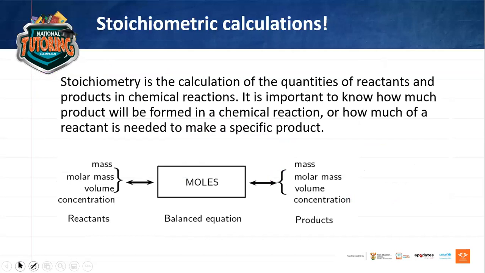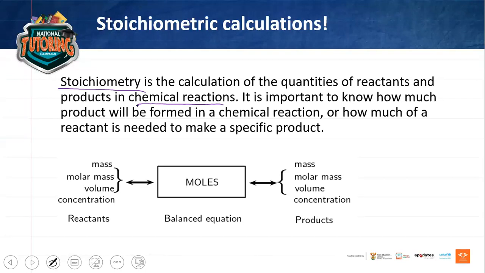Now we're going to go on to the stoichiometric calculations. Okay, stoichiometry. It's a fun word to say, and that's how you spell it. Stoichiometry. It's calculating quantities in chemical reactions, hence the title of this whole section of work, quantitative aspects of chemical change. It means that we are basically calculating quantities. And what are quantities?